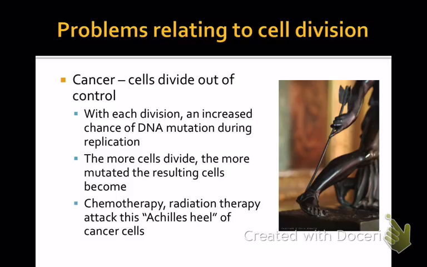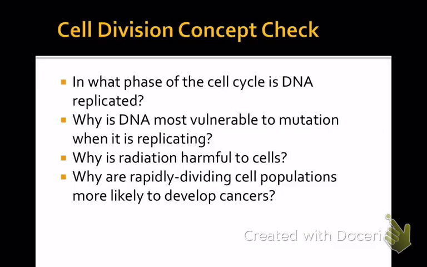So chemotherapy and radiation therapy both attack the Achilles heel of cancer cells, which is that they're rapidly dividing cells. So we know that the DNA is replicated in the S phase. We know that it's more vulnerable to mutation then because it splits into its two sides, two helices, and that each side is replicating the other side, which makes it unable to repair properly.